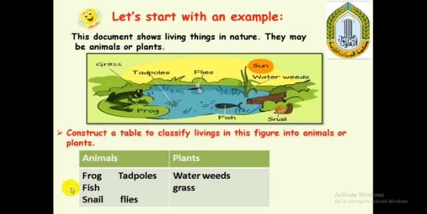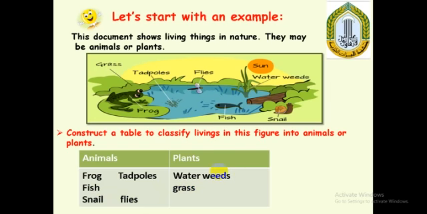Now, is this clear? Continue with me the other animals. Right? Tadpole, fish, snail, flies. Very good. And here we also have the grass. Now what's missing? What did we say is the last thing that we have to do?